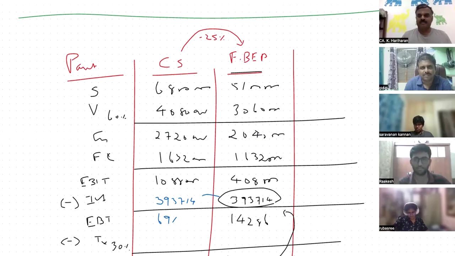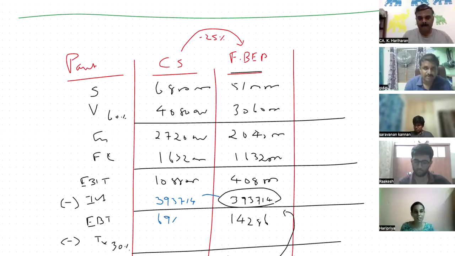EAT is 4 lakhs 86,000. Preference dividend remains the same, 10,000. So 4 lakh 76,000.